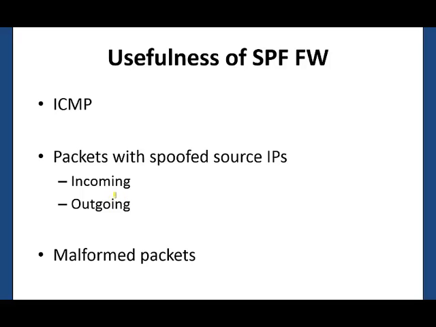From the perspective of your static packet filtering firewall, when it looks at that packet, it cannot have, for example, an external source IP address because the packet was generated within your own network. So that's how it can detect these packets with spoofed source IPs, and effectively drop them.